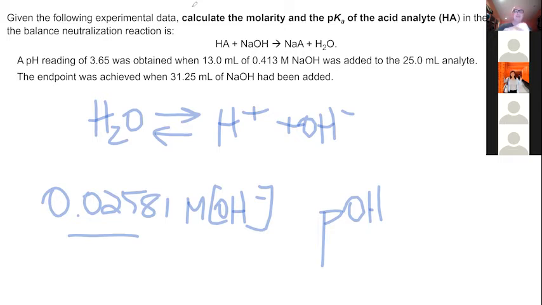That is governed by a constant called Kw. That's an equilibrium constant because this reaction goes both directions. If we have too much H plus and OH minus, it goes backwards and makes water. If there's very little H plus and OH minus, water will ionize and push it in the other direction.